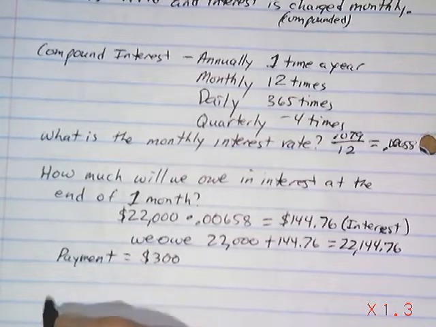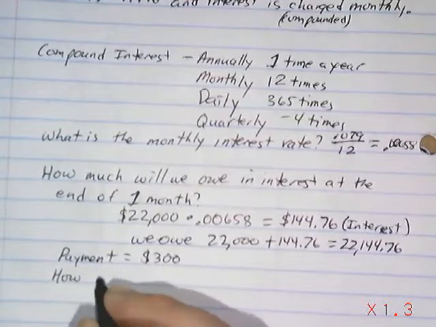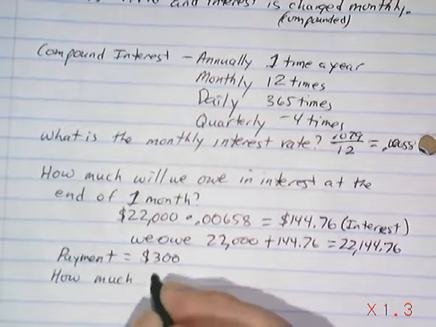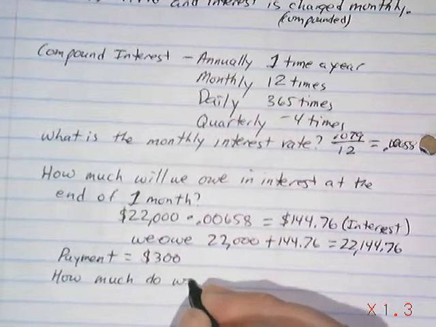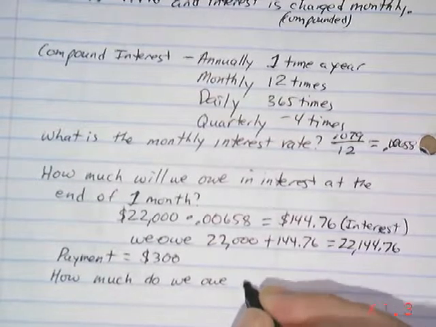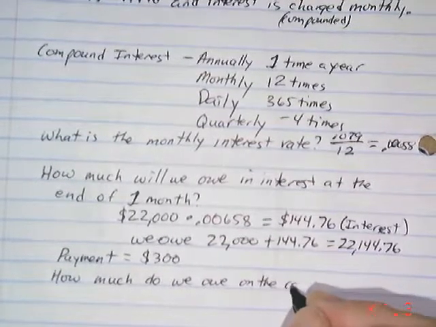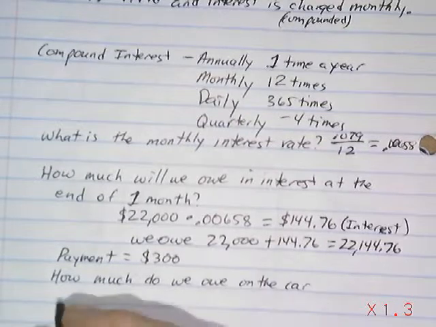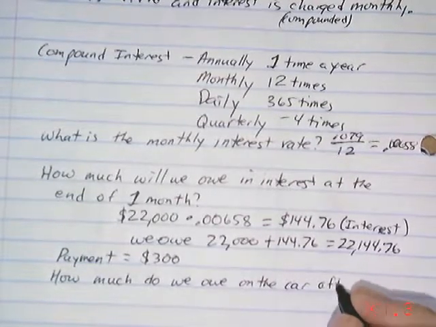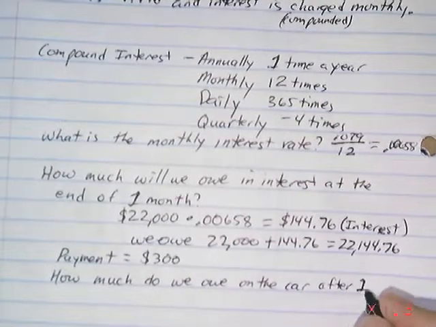Again, we add it to the total that we owe, and then we can subtract off 300. But you notice that our interest went down a little bit. The first month we owed $144. This month we owe about $1 less, $143.73.